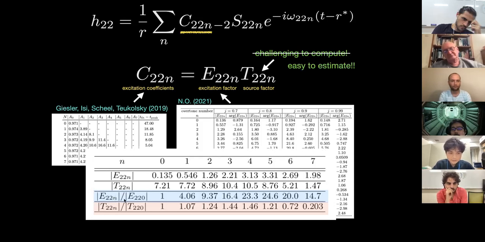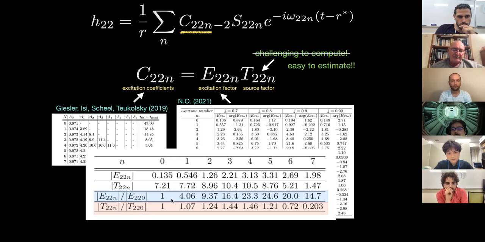Now I show you E_2n over E_2 naught, and the red line, S_2n over S_2 naught. I want to show you the dependence of the excitation factors and the source factors on the overtone numbers.